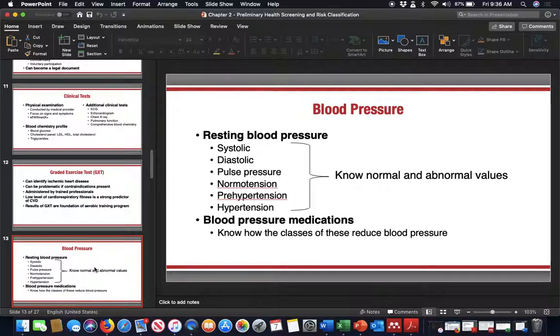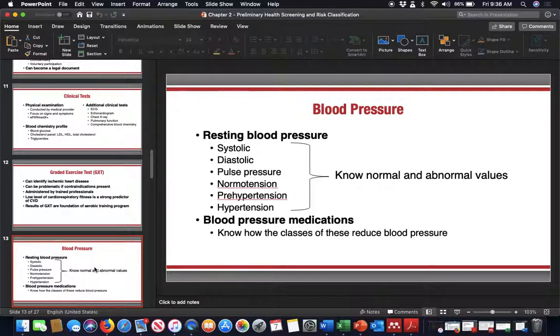The problem with pulse pressure is the closer it gets to zero, say your blood pressure was 120 over 120, that means the heart doesn't have a higher contractility versus a relaxation, so the heart won't pump because there's no difference in pressure. That's why systolic has to be higher.